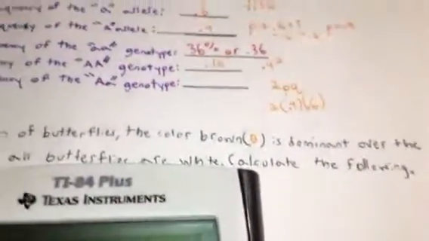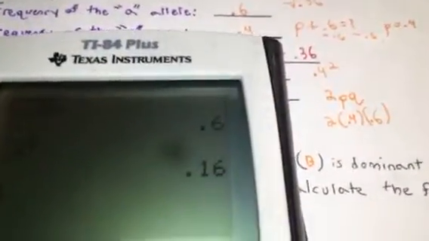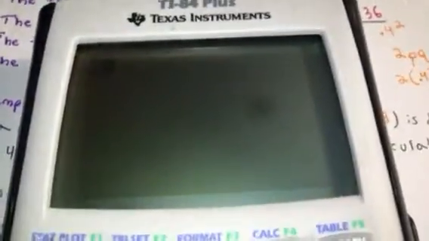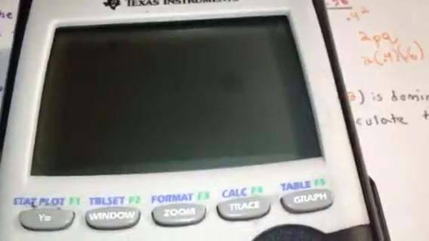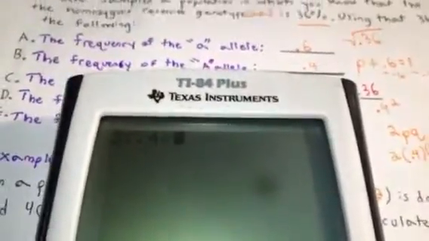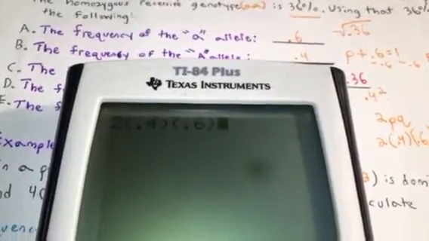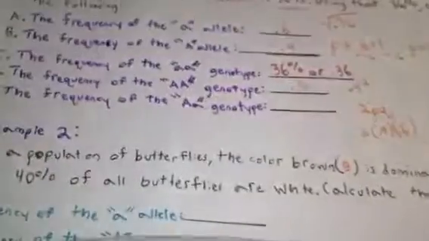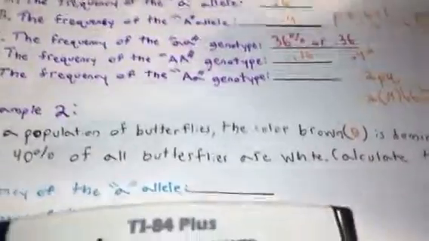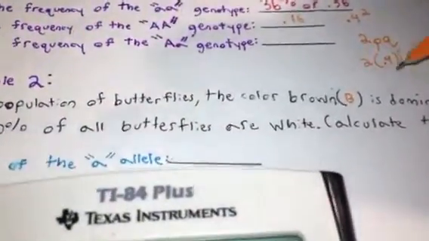So this is a simple math equation too, because you can type the whole thing into the calculator really simply, like this. You get that this whole thing equals 0.48.